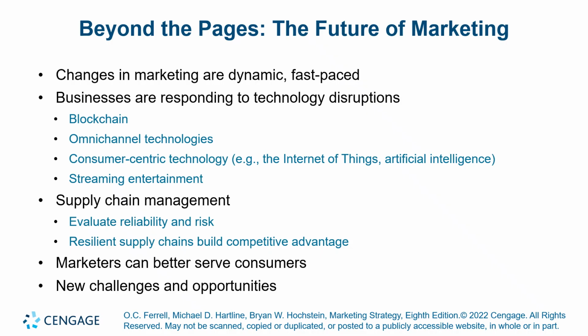If your company can have a supply chain that is resilient to changes in the environment, in global business, or when a war breaks out or a recession hits, and you can still maintain the resilience of your supply chain, then you will gain competitive advantage over your competitors. Marketers can better serve consumers with technology, and there are many new tech challenges and opportunities.